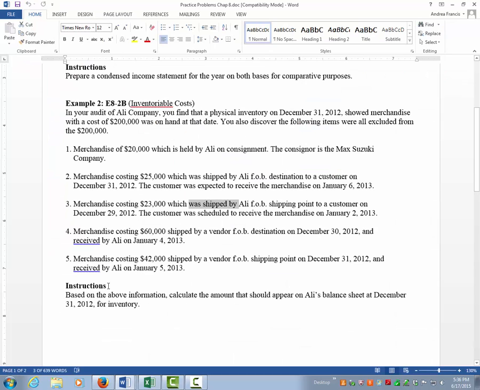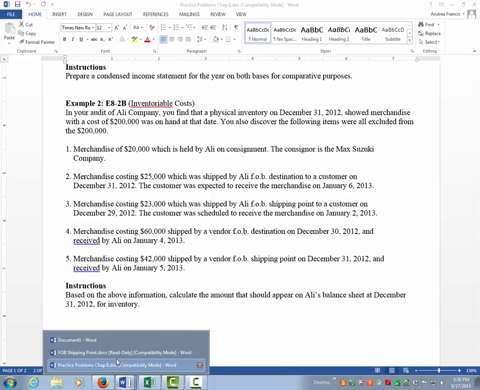For number 4, merchandise costing 60,000 shipped by a vendor and received by Ali. Okay, so Ali is the buyer. So merchandise costing 60,000 shipped by a vendor FOB destination on December 30th, 2012 and received by Ali on January 4th, 2013. So Ali is the buyer and the terms are FOB destination.